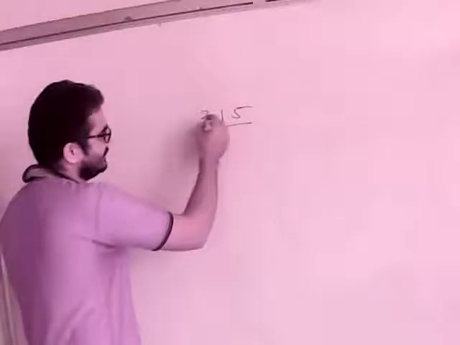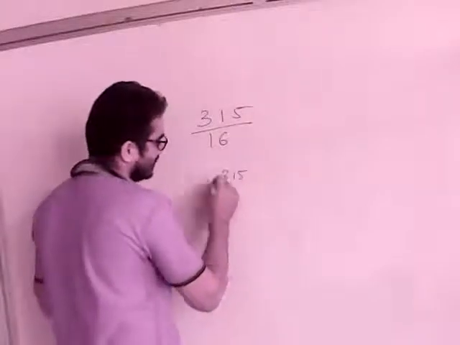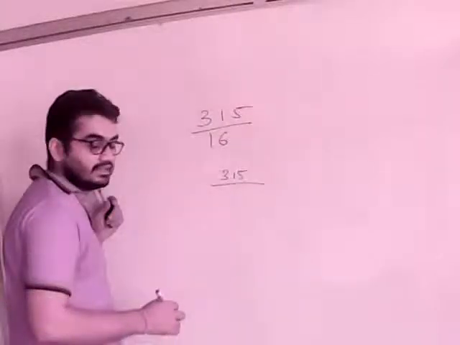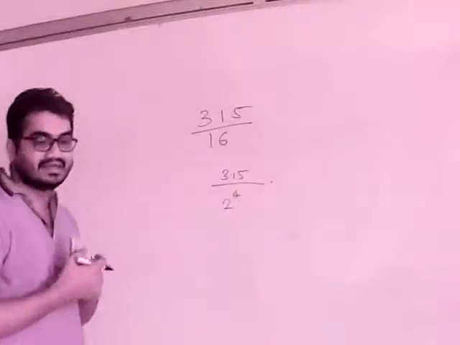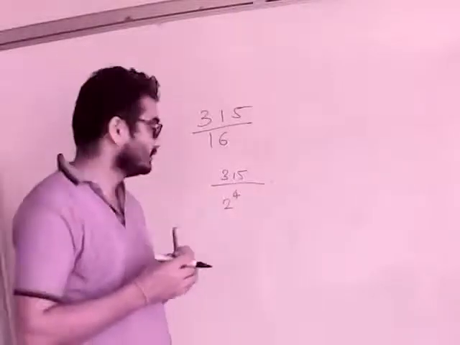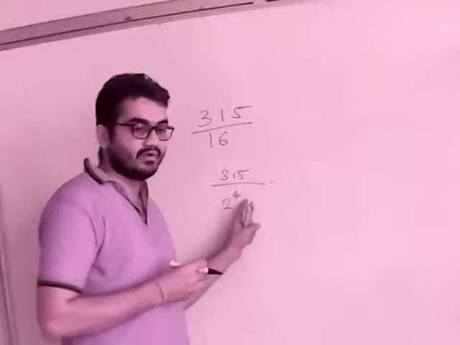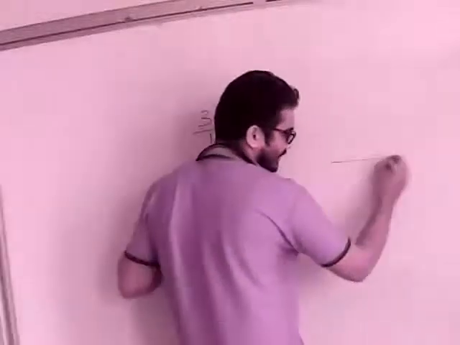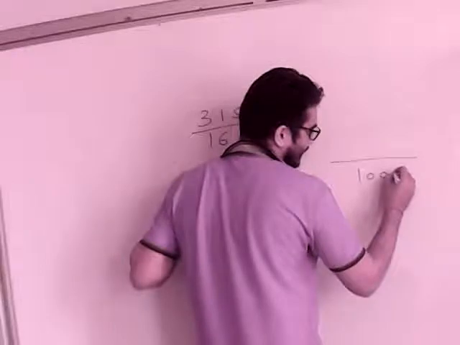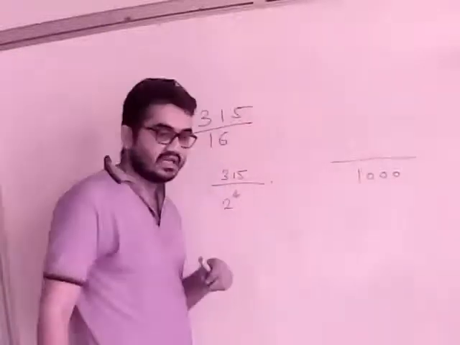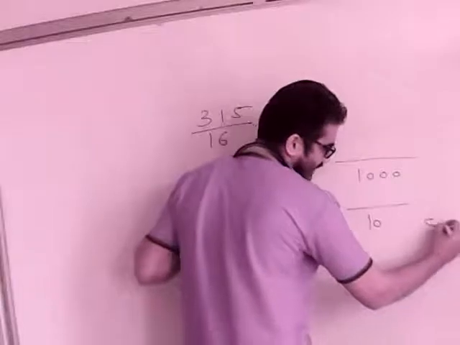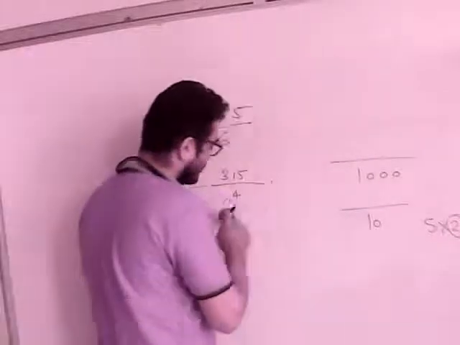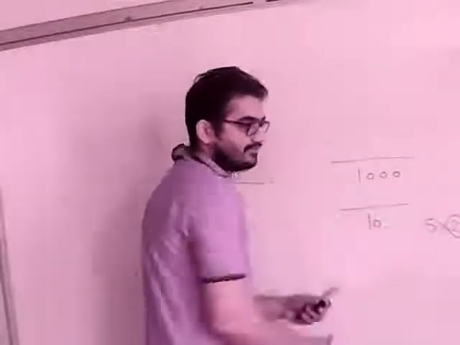Now as you can see, 315 upon 16, 16 can be written as 2 raised to 4. अब 2 raised to 4 तो आ गया हमारे पास, लेकिन हमें क्या लाना था यार, in the form of hundreds, thousands और tens. अब अगर मान लीजिए नीचे हमें 10 लाना है तो हमें क्या चाहिए 5 into 2. एक 2 तो हमारे पास आ गया यहाँ पे, लेकिन हमारे पास 5 नहीं है.